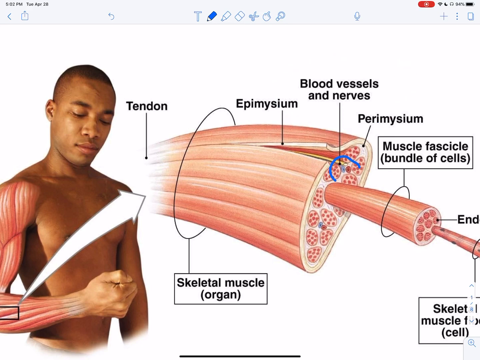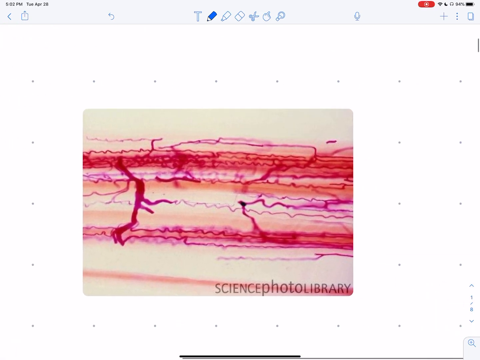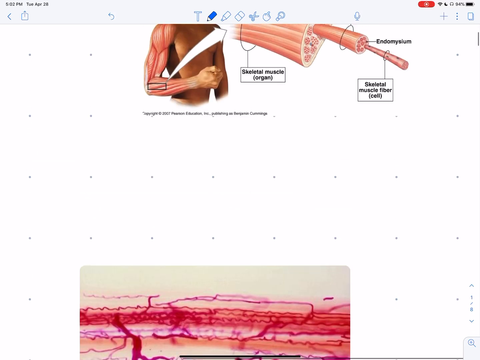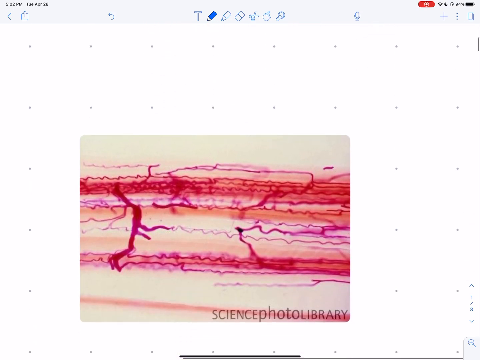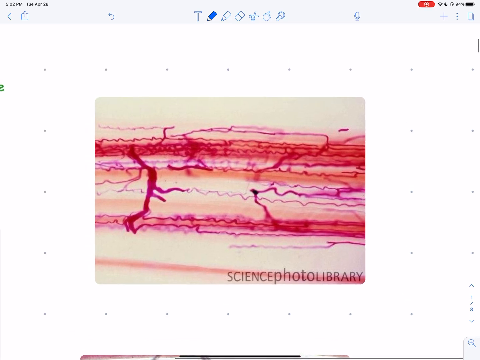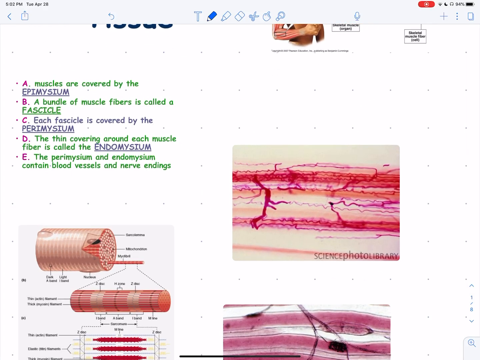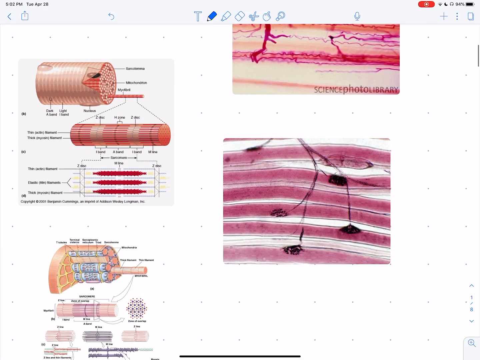And then notice the blood vessels located in the diagram. So blood vessels and nerves, if we were able to take a picture, are going to run along the outside of those fascicles. Here we don't see the fascicles in this picture, but we definitely see the blood supply. And your muscles, of course, need a big blood supply, okay?